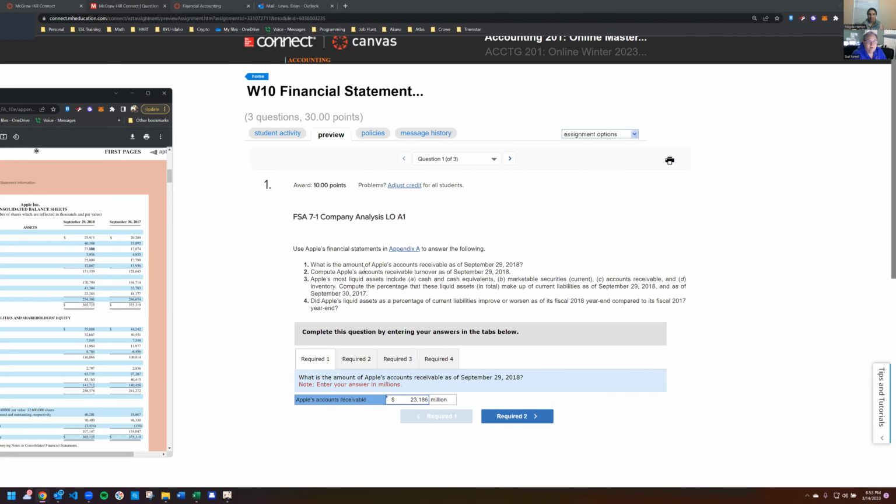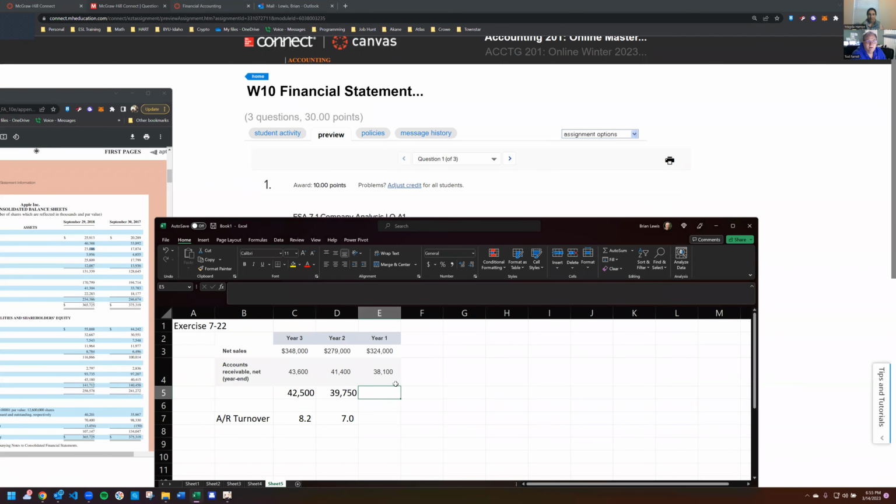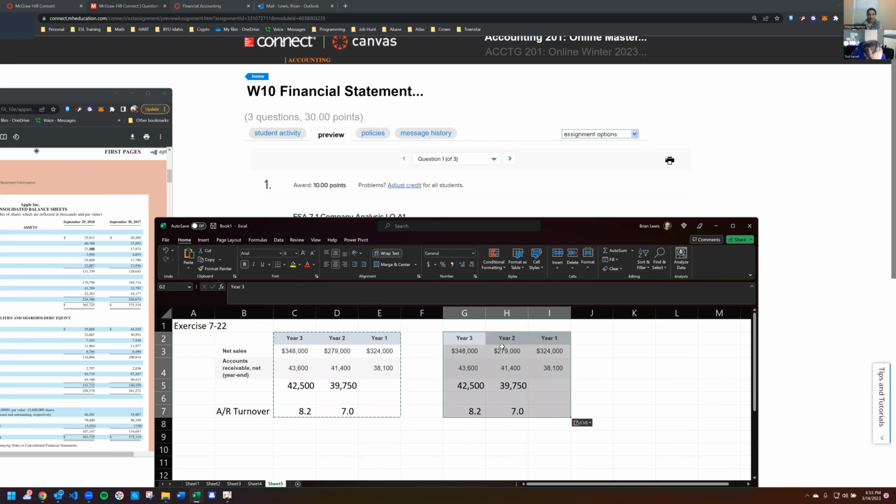Compute Apple's accounts receivable turnover as of September 2018. So theoretically, if I use these same types of numbers, let me copy this over. See, that's exactly what I didn't do. I didn't average out between 17 and 18 what the accounts receivable net was. Sorry, it's this one.